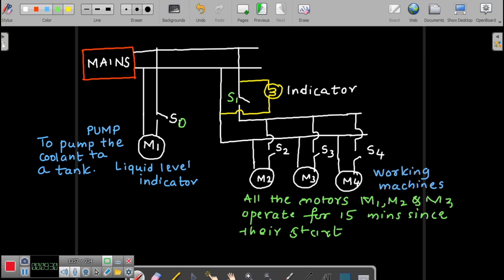So that is the process there. Then the liquid level indicator, right? So that will give you a kind of output that it has reached this particular value. So afterwards, your motor M1 will be turned off, or here whether the motor M1 is turned off or not is not important for us.